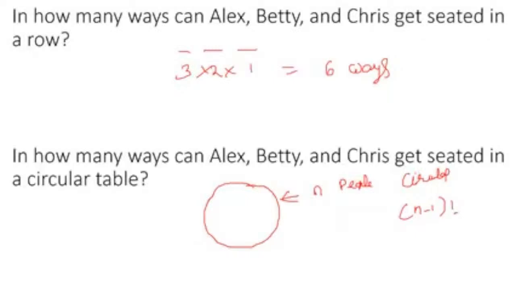Suppose I have 3 people, Alex, Betty and Chris. In how many ways can I arrange them here? 3 people means the answer should be (3 minus 1) factorial, that's why 2 factorial ways.